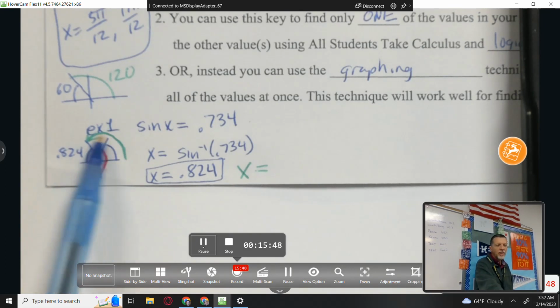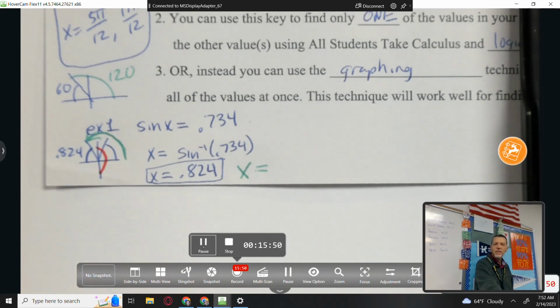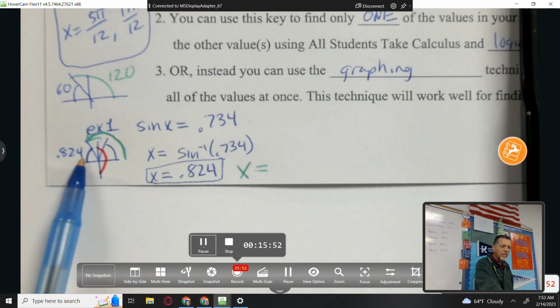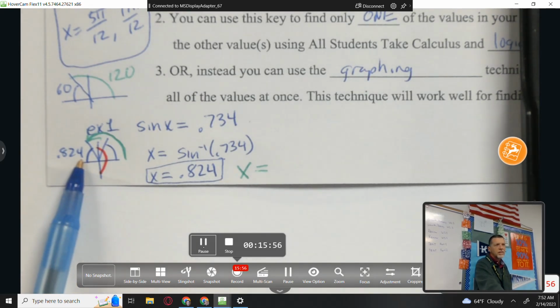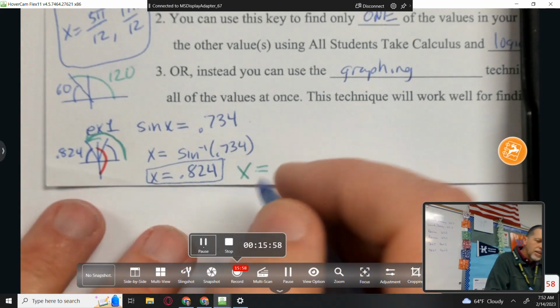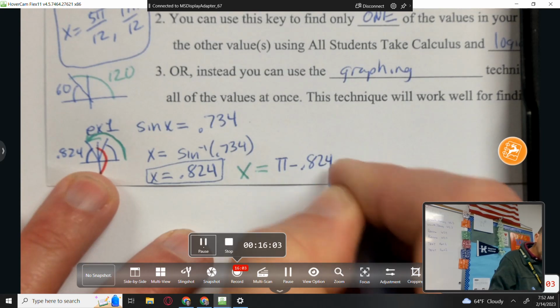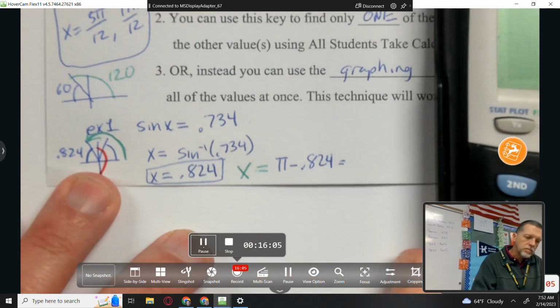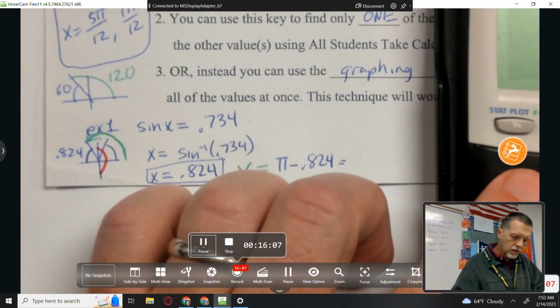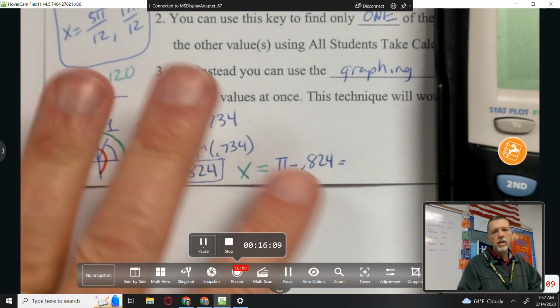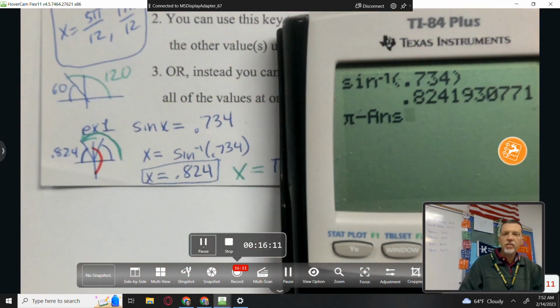So how do I find this green angle here, if I know that this little piece is 0.824? Subtract it from pi. So the other answer is pi minus 0.824, which is 2.317.